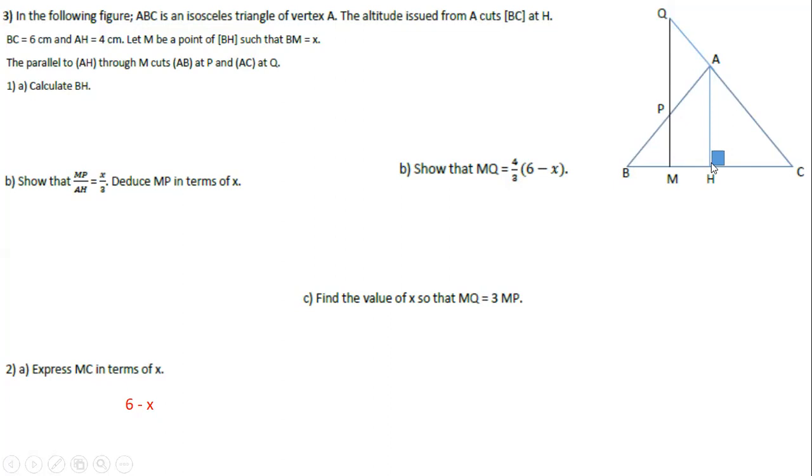I want to ask you something, guys. If ABC is an isosceles triangle and AH is a height, what will AH also be, other than height? It is also a perpendicular bisector, which means it cuts the side into two equal parts.